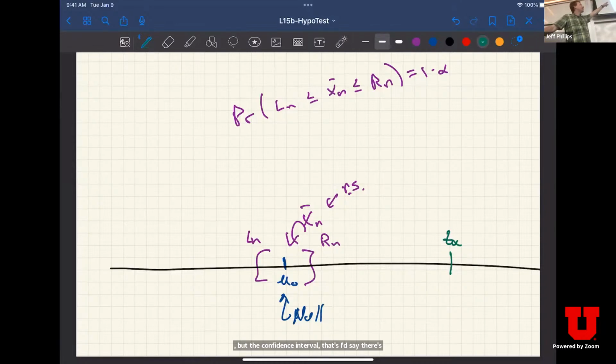But if it's in the confidence interval, I say, well, I don't know if it's exactly the same, but I can say with 95% confidence it's going to be close. So a confidence interval allows you to say that. It doesn't allow you to say they're exactly the same. You have to define a notion of close, and that's what the confidence intervals give you instead.